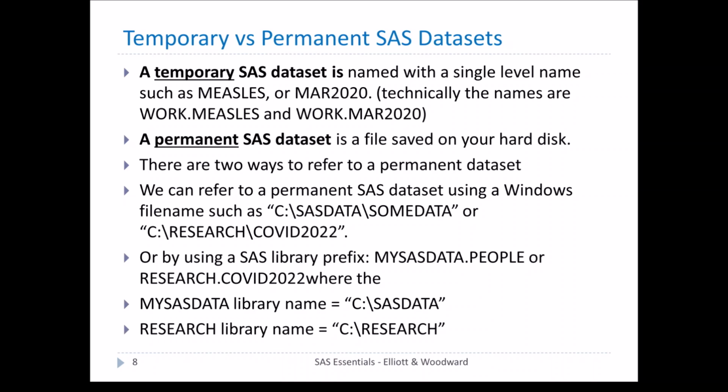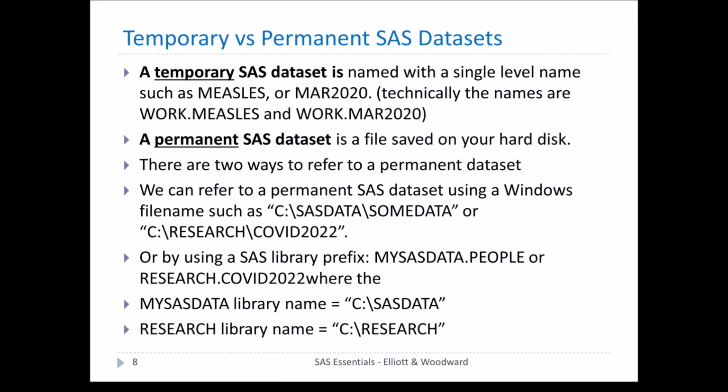Same with C:\research\COVID-22. The dataset file name is COVID-22, but it's stored on our hard drive in a folder called research on the hard drive C:. I hope you know enough about Windows file names that it makes sense to you. So that's one way we can refer to the SAS dataset.